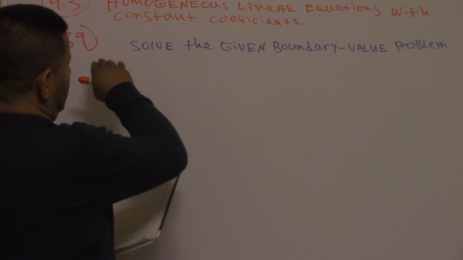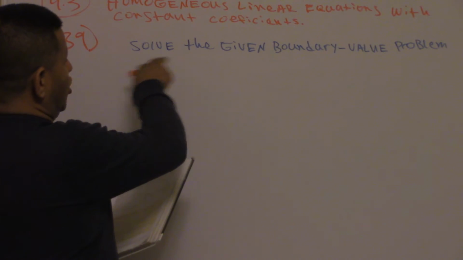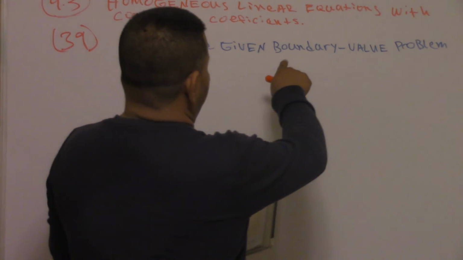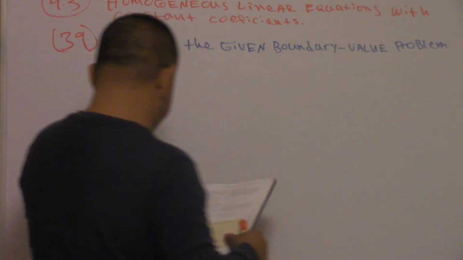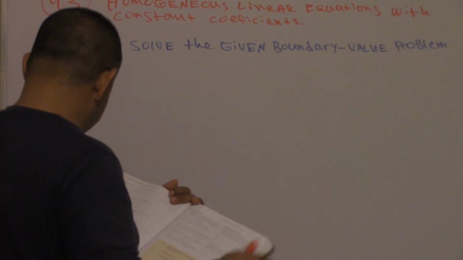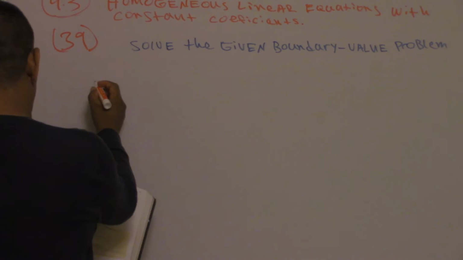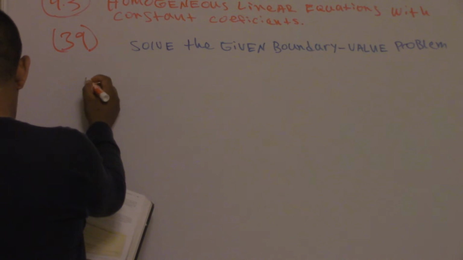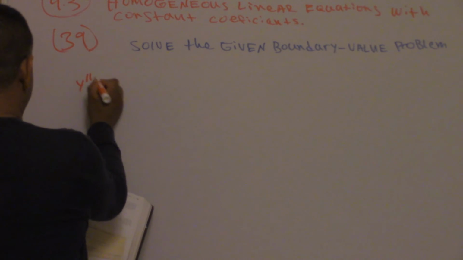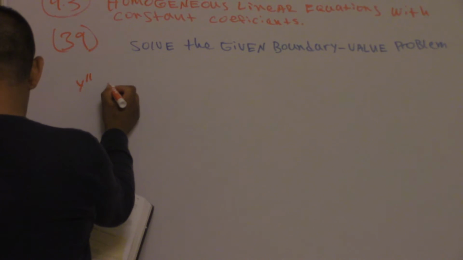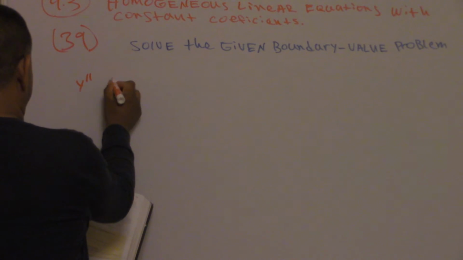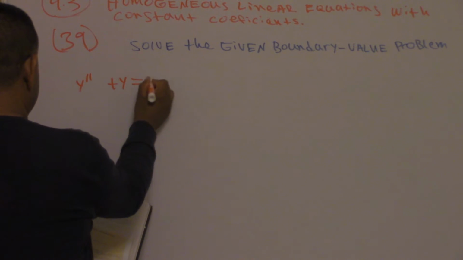And we do number 39, which says solve the given boundary value problem. So number 39 is as follows: y double prime plus y equal 0.